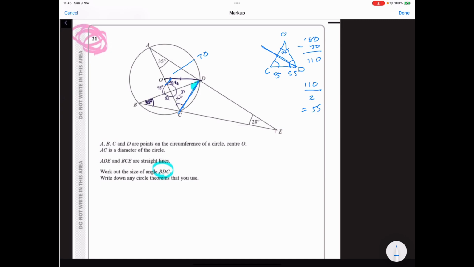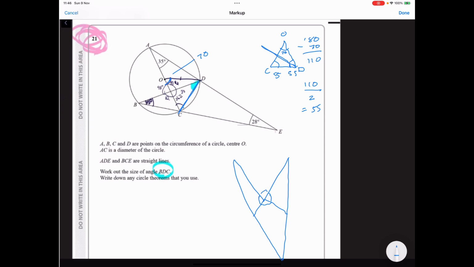Now, the way we're going to do this is the middle bit, this bit here, and this bit and this bit. So we're going to use this circle here to find out this information.